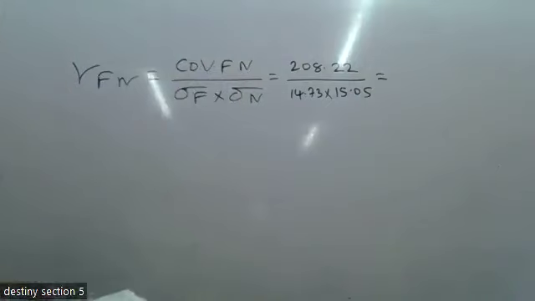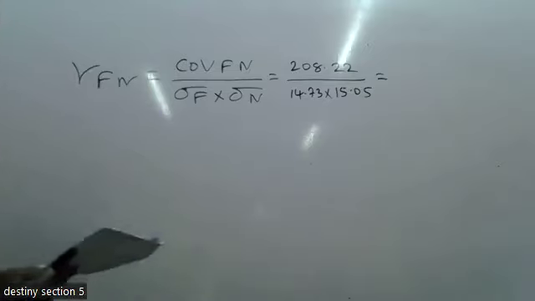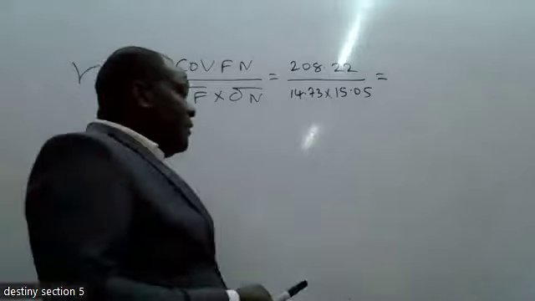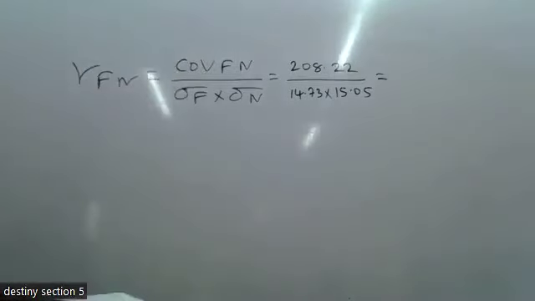So once we get the correlation coefficient, we need now to go to the Roman letter, the portfolio risk. This time there are only two assets.